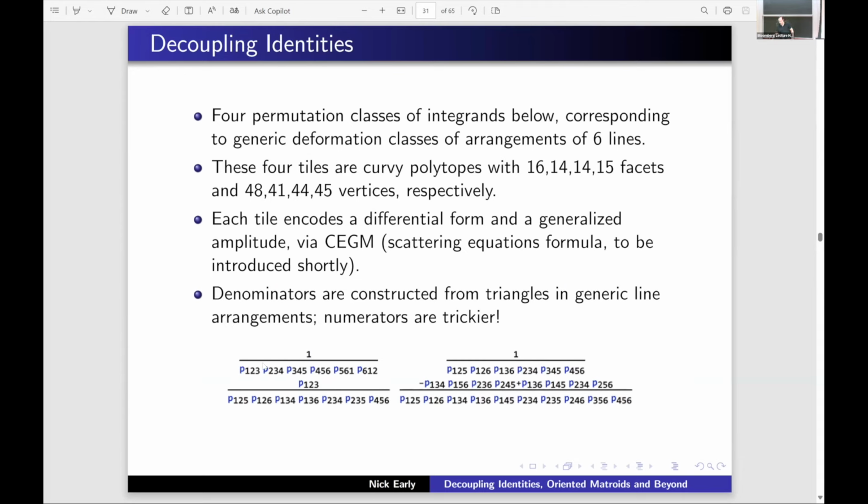Here I'm writing the coefficient of dx1, dx2, dx3, etc. In fact, unlike in the case of M0n, where all simplices are related by relabeling, in this case you get a decomposition of the tiles into 4 different permutation types. And each one of these tiles has associated to it some generalization of the CHY formula.